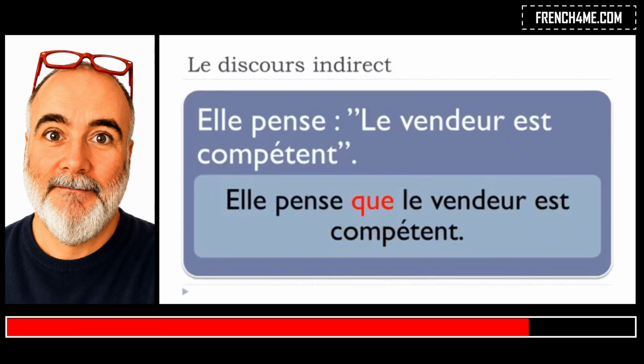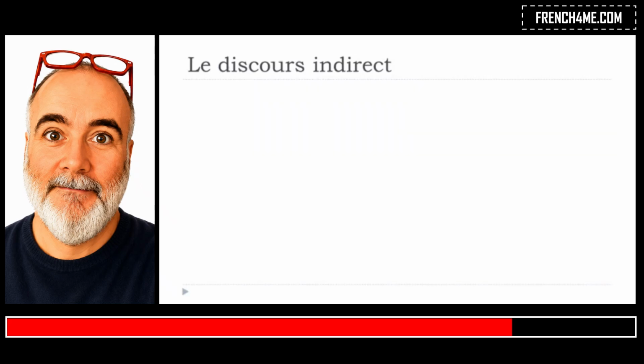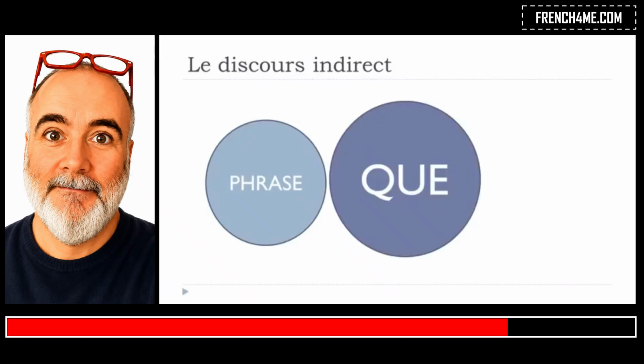But we'll see in this video that in some cases, when you modify and make this discours indirect, you will have some quite important modifications in your sentence. The rule goes like this: you first have the first part of the sentence, then your que, that, and then the sentence will continue. That's the whole concept of this discours indirect.